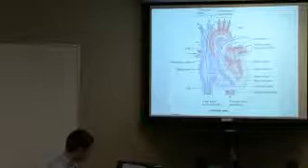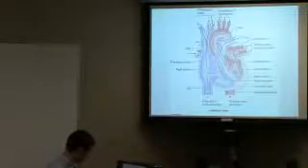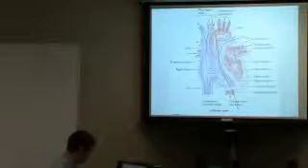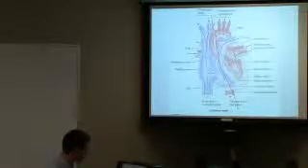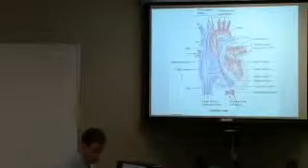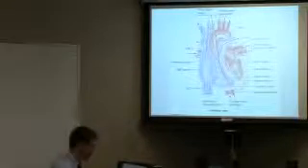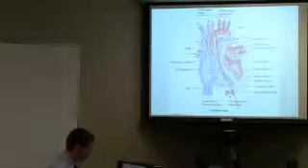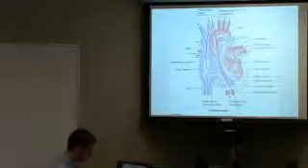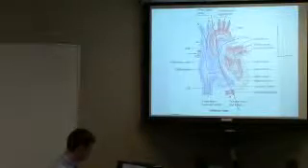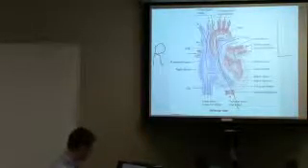If you were to draw the heart in half, kind of like I did. Now, remember the anatomical position, which is this way, right? So this would be which side? And we're talking about the anatomical position.